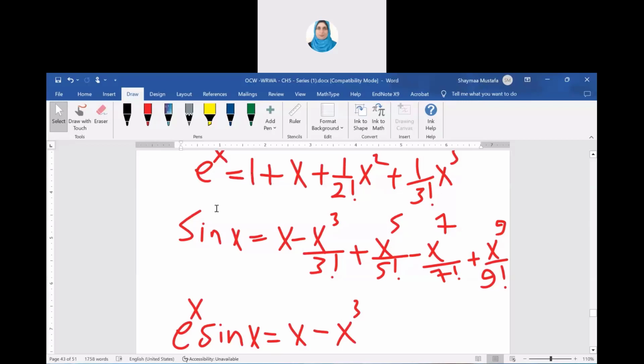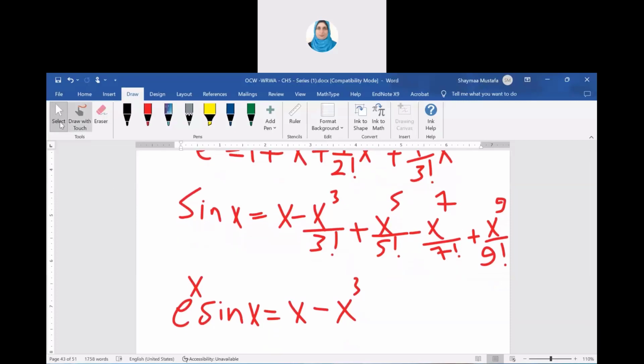I'm starting the multiplication from the 1 here. So you have x minus x cubed over 3 factorial plus x to the power 5 over 5 factorial.